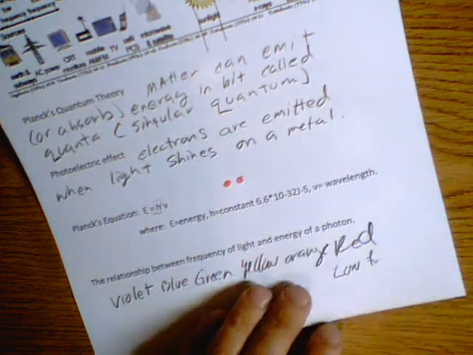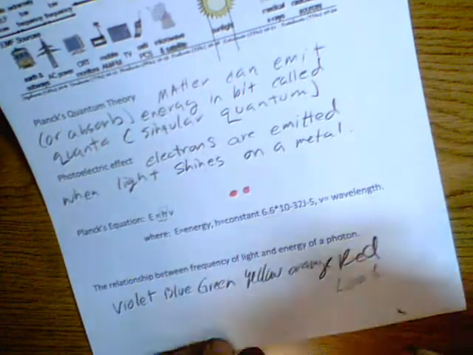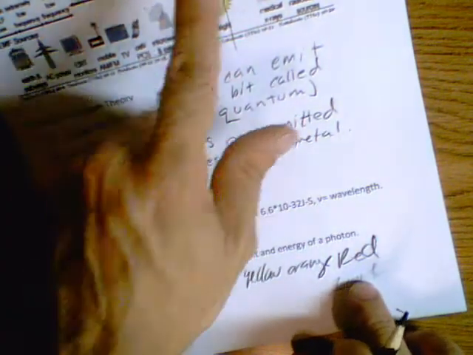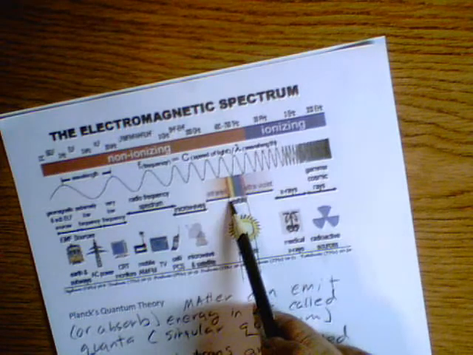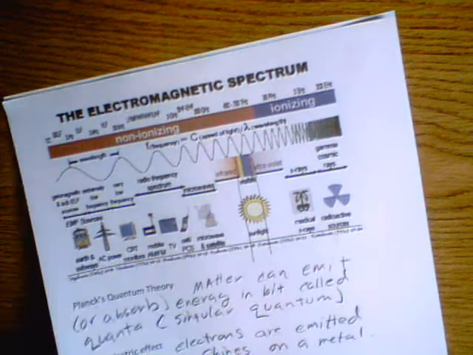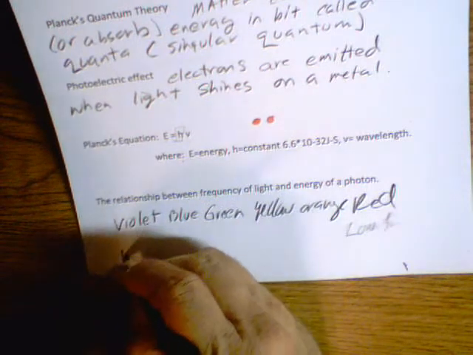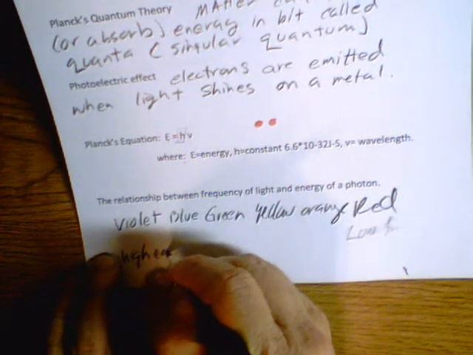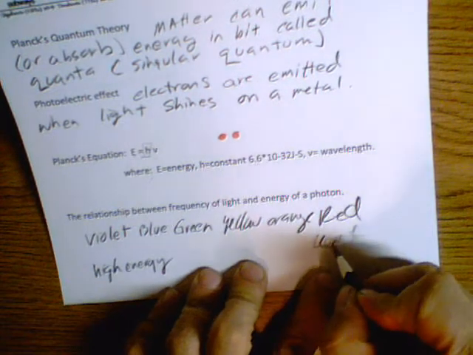No. I flipped it around. I shouldn't have done that from up here. As you can see, red is at this end, and violet is this, and so I flipped it, didn't I? And that's confusing. So this is high energy, and this is low energy.